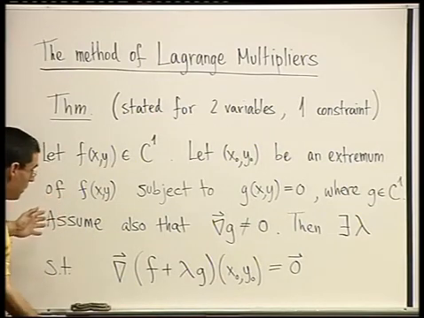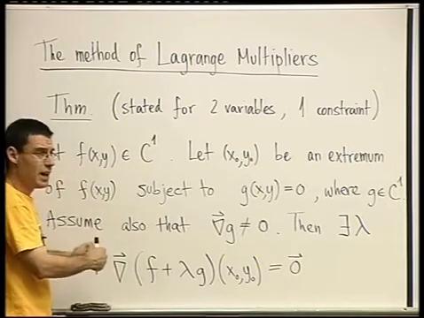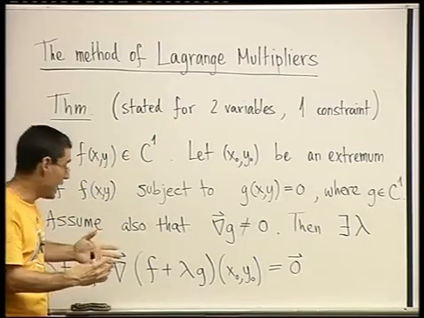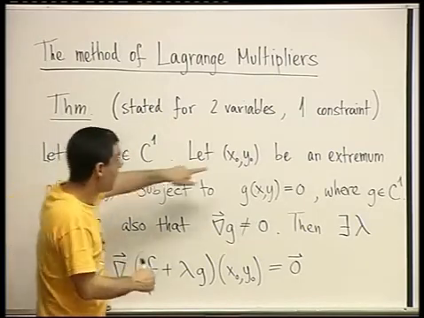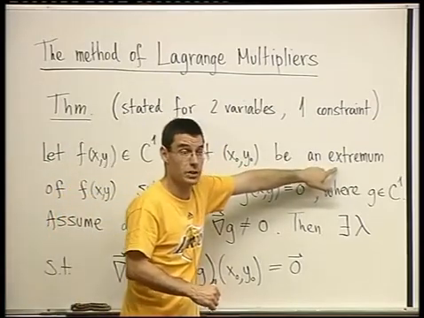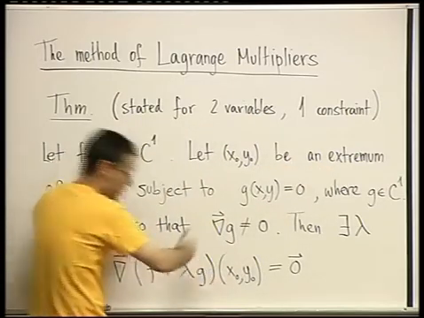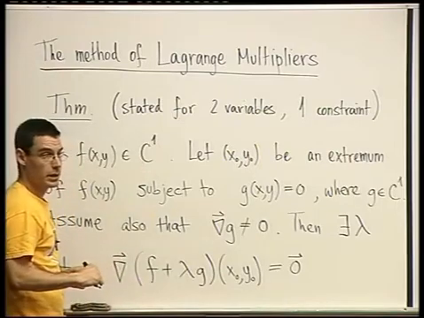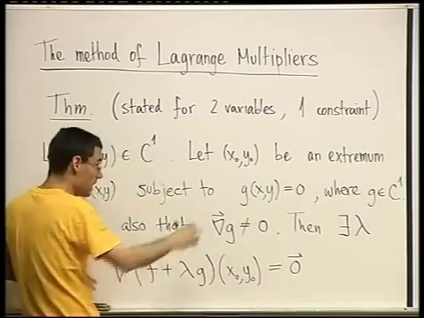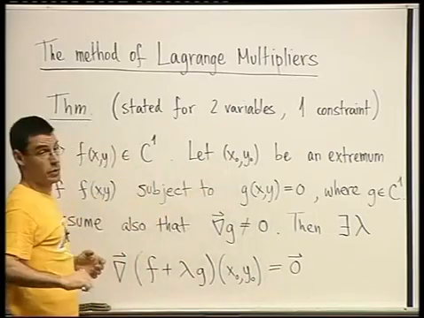Okay. Now, how do we use a statement like this? Note that this is still a Fermat type of statement. What do I mean by that? In order to find points (x0, y0) that are extremum, what do we do? We calculate this derivative and set it equal to 0. The points that satisfy this are potentially extremal points.